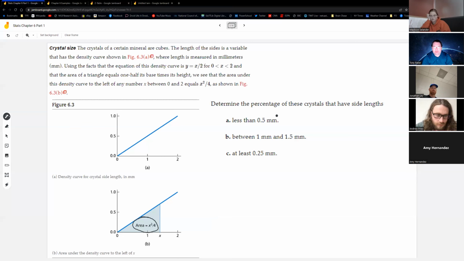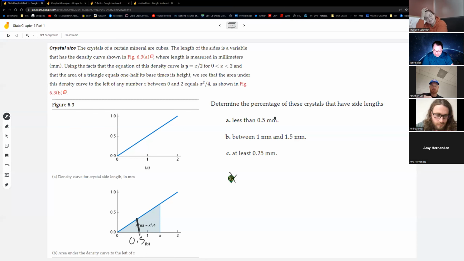When they're talking about less than 0.5 millimeters, we're looking at this chart right here, where it goes up to the 0.5. What I want to know is what my value is at that point.